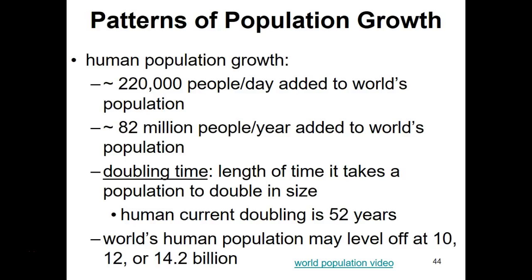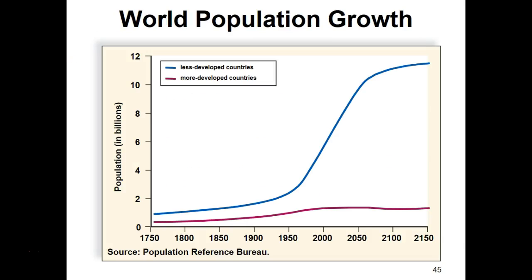There are a lot of reasons why we've increased the population. If you look here, you can see that the red, the more developed countries, are not increasing nearly as fast as the lesser developed countries. There's a reason for this. In more developed countries, we have gone through the Industrial Revolution. We now have medicine.